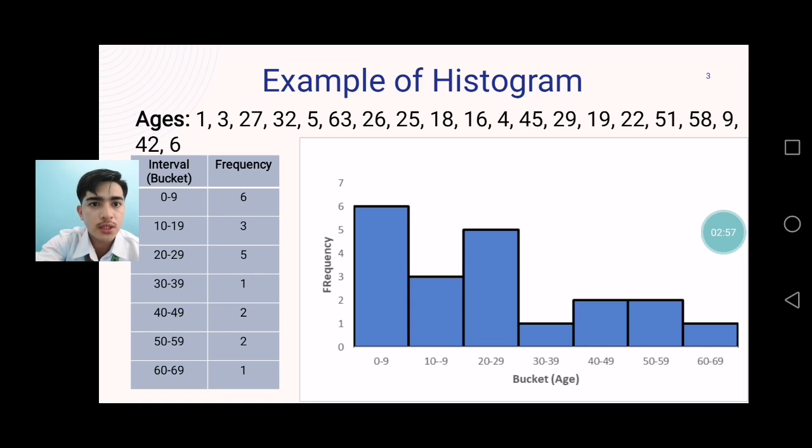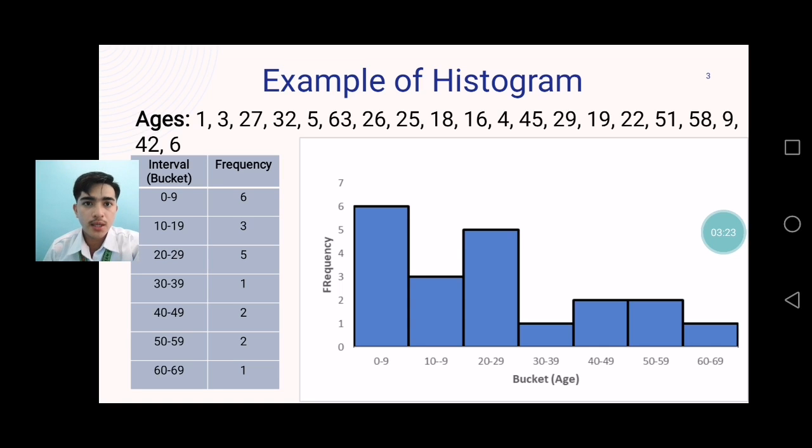For 40 to 49, there are 2: 45 and 42. For 50 to 59, there are also 2: 51 and 58. And for 60 to 69, only 1: 63.